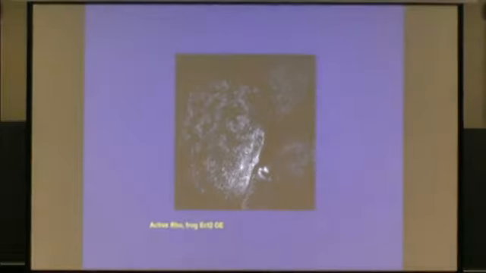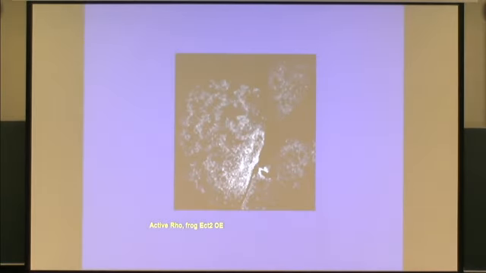So my story, however, starts in about the year 2008. Then Ann Miller, who at the time was a postdoc in Bill Bement's group, was imaging the activity of RhoA in frog cells that were injected with mRNA for Ect2, the GEF, right? As a result, these cells were overexpressing active GEF.